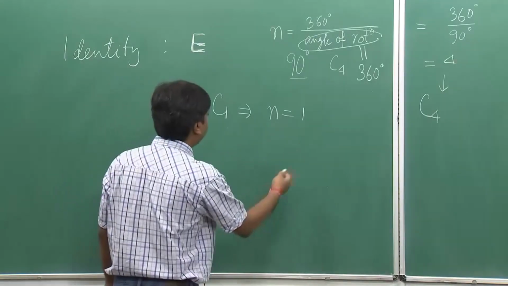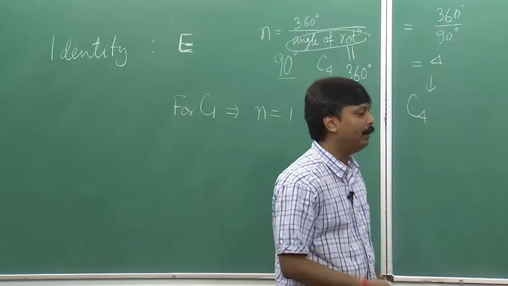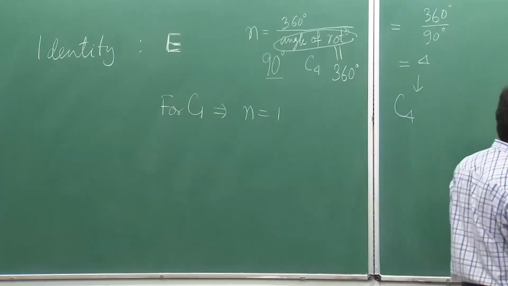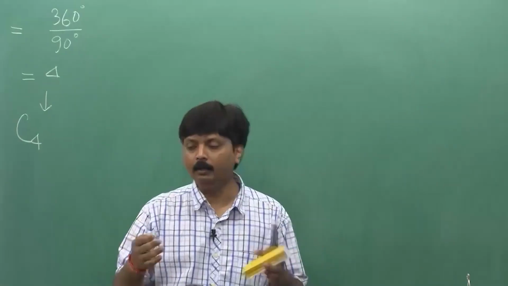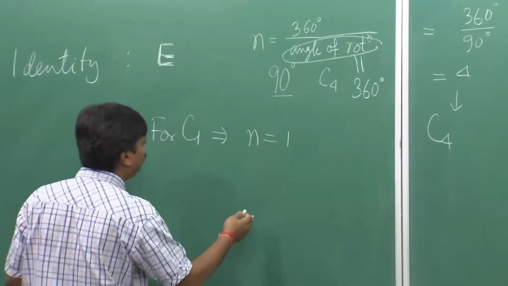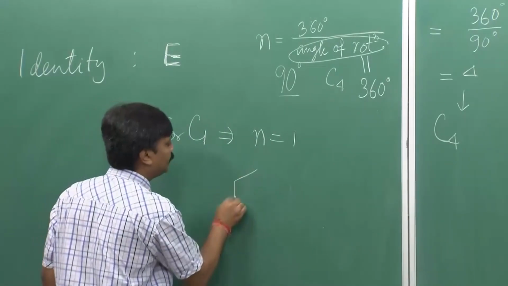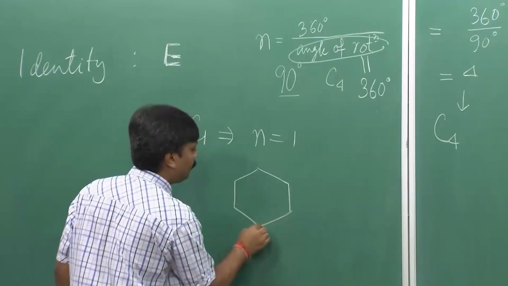Okay, so we have seen that n can be 2, 3, 4, 5, 6, 7, 8, depending on the structure of the object or the structure of the molecule in particular. So like for benzene I have C6, right? So the benzene structure is like this.